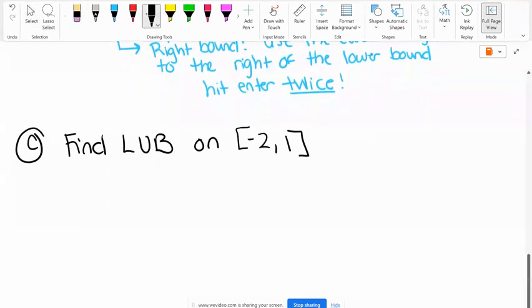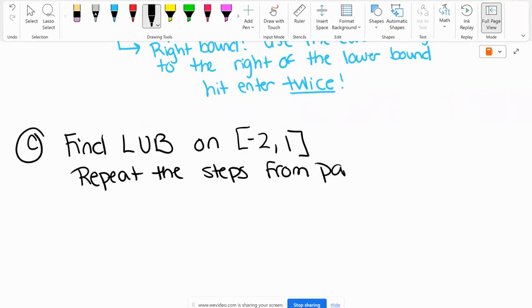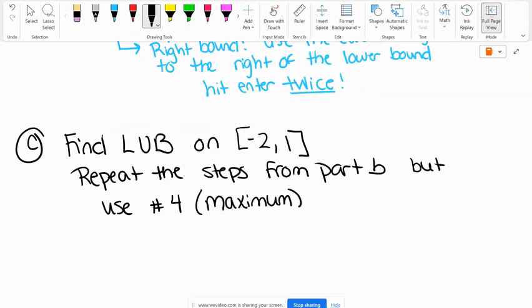And basically what we're going to do is repeat the steps from part B, but use number 4 in the Calc menu. Use number 4, which is maximum, in the Calc menu.